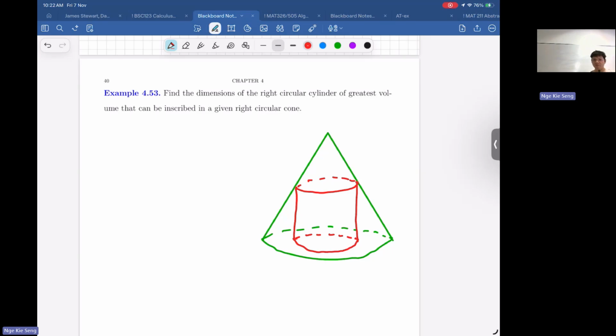So let's see what you need to take care of: at least this radius here, x, and also this height here. But this height and this radius really compare to the radius of your cone and the height of your cone. Well, what's the easiest way to do this?